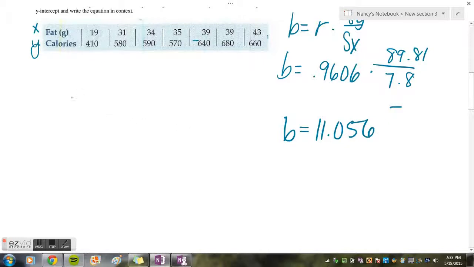11.056. Now we need to solve for a, so a equals y bar minus b times x bar, and that's given to you in the problem.